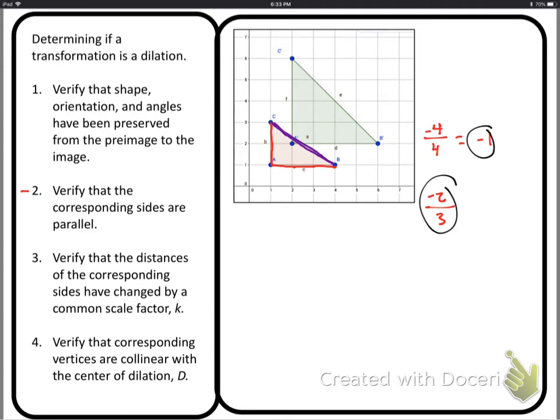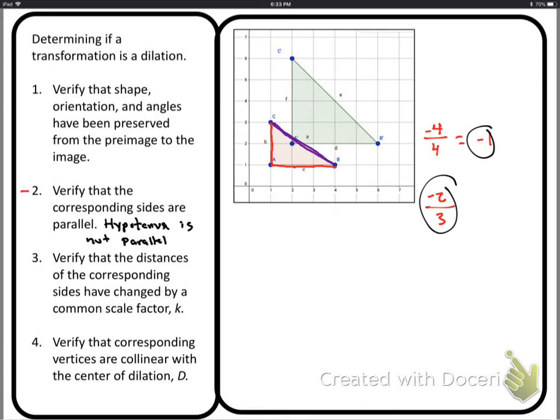So we can say the hypotenuse is not similar. Not similar, sorry, parallel.